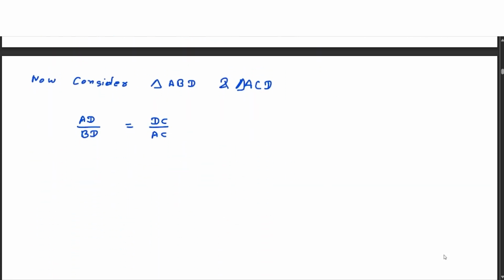So angle ADB is equal to angle ADC, that is equal to 90 degree, because it is already given. Both angles are 90 degree. The reason is given.